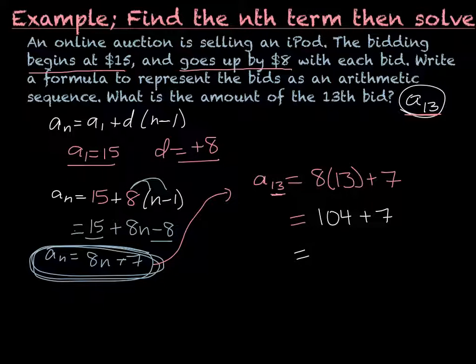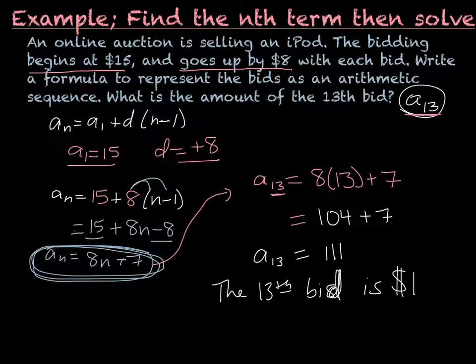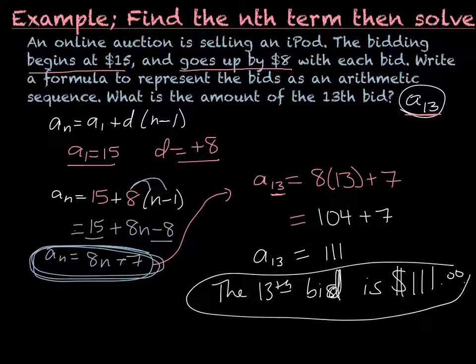So that would be a sub 13 equals 111. What does that mean? That means the 13th bid is $111. That's what that means. So those are your two answers for this problem.